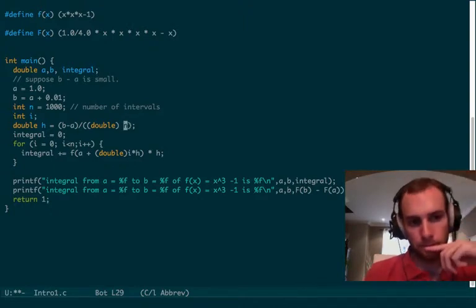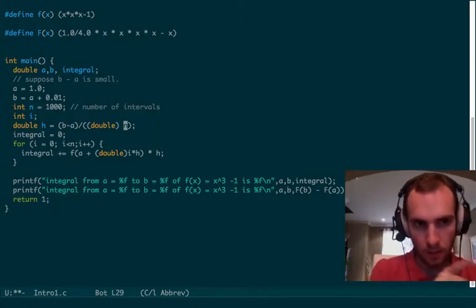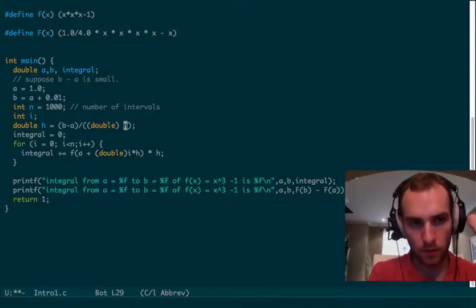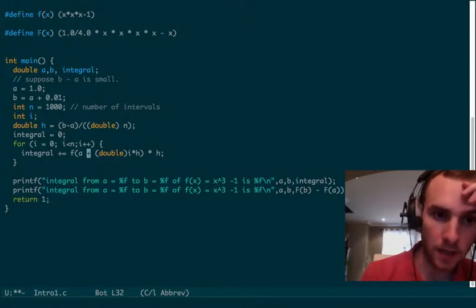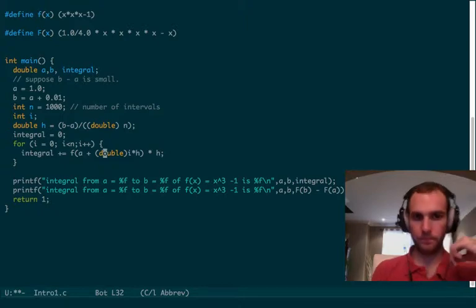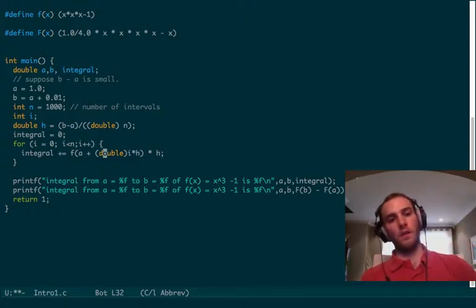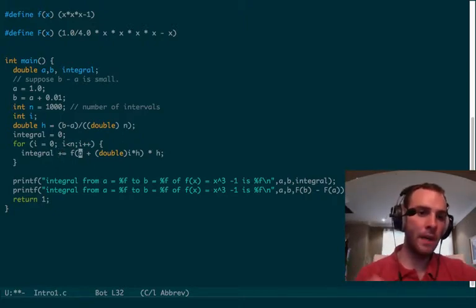It's going to be b minus a, so 1,000 over 1,000 minus 1 over 1,000 times b minus a. So a plus b minus a, which means b, minus 1 over 1,000 times b minus a, and that is just h. So the last thing is going to be f at b minus h.